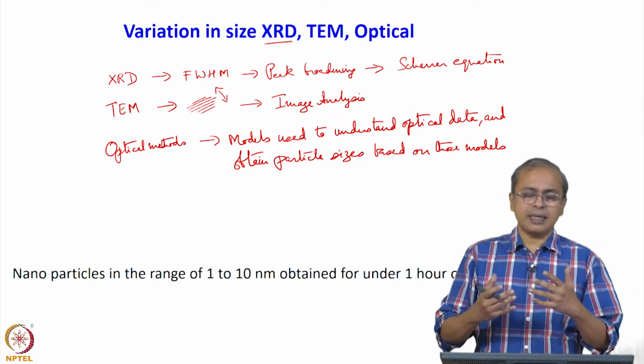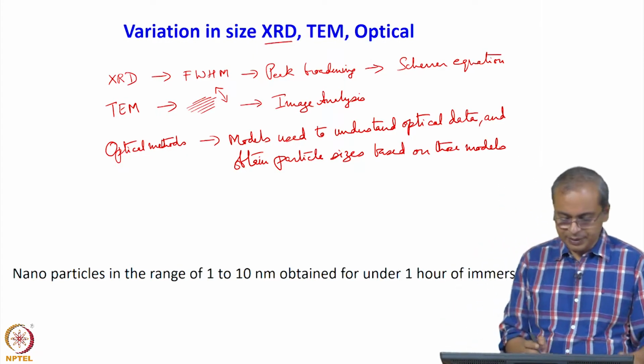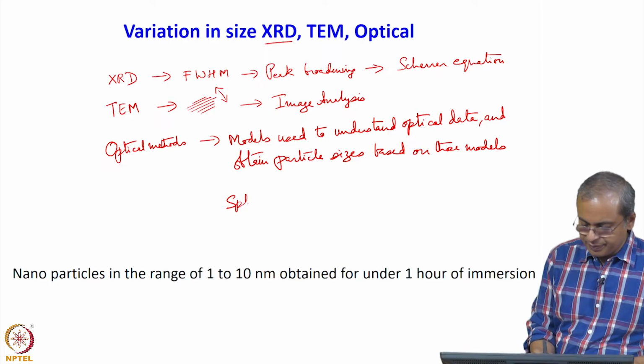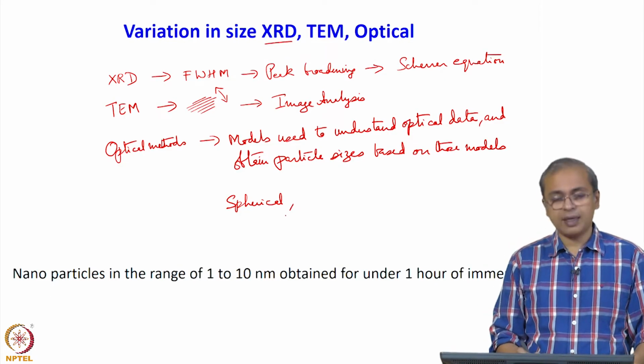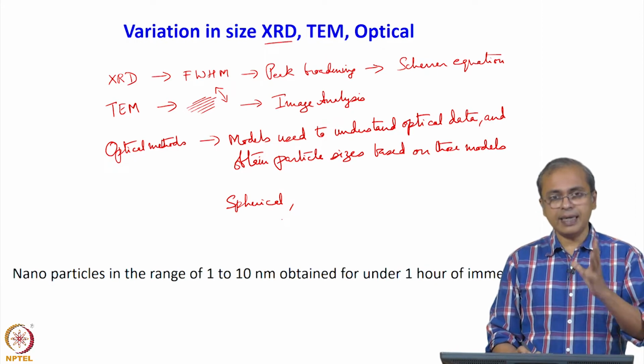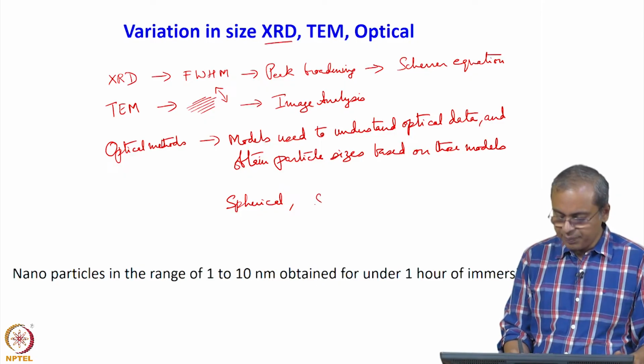So, what I mean by those assumptions is, sometimes in the analysis there will be an assumption that the particles are spherical, or there will be a way in which you can introduce into the analysis the shape of the particle.